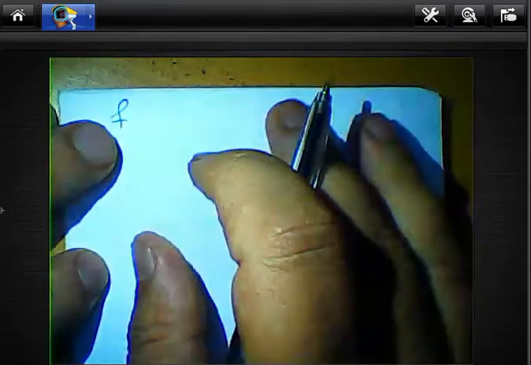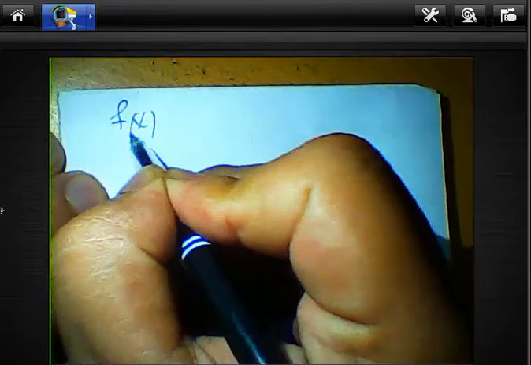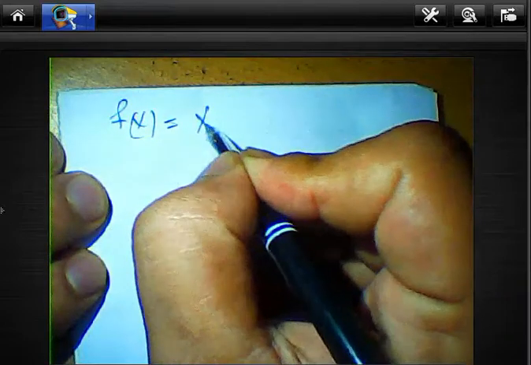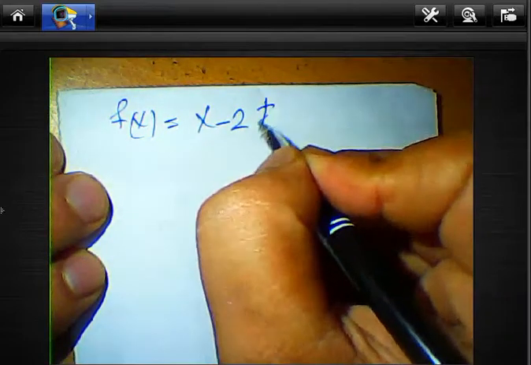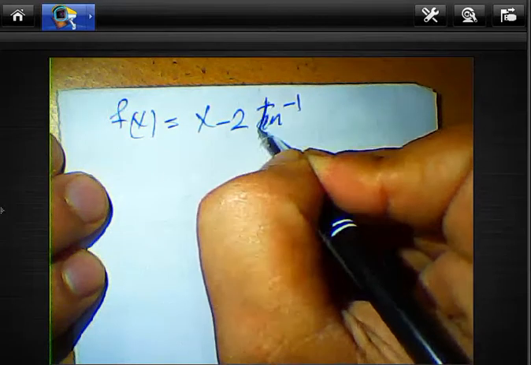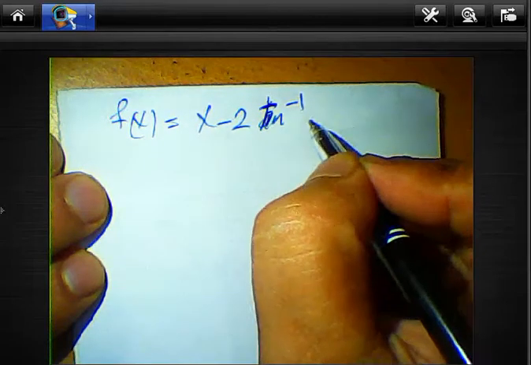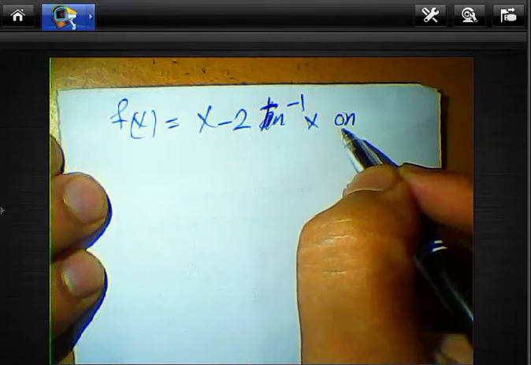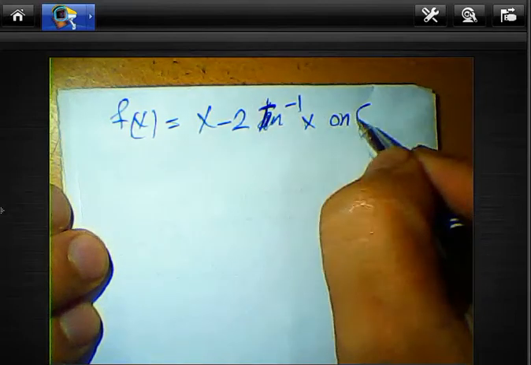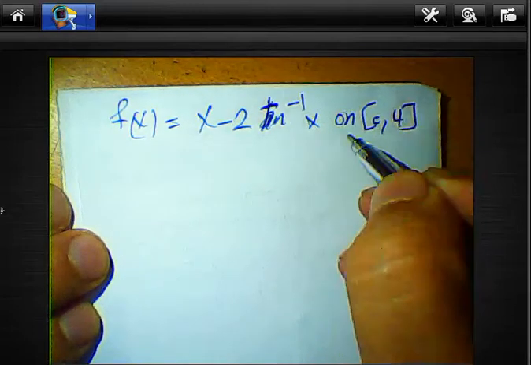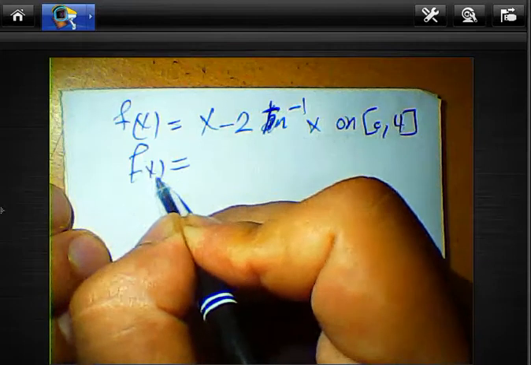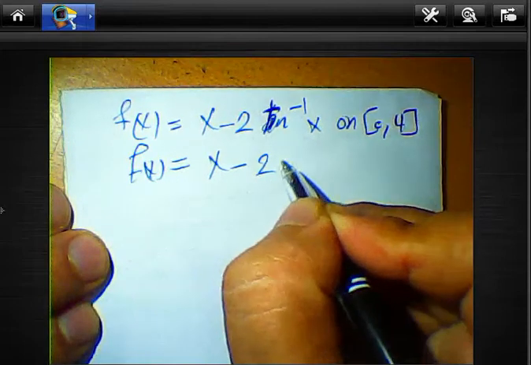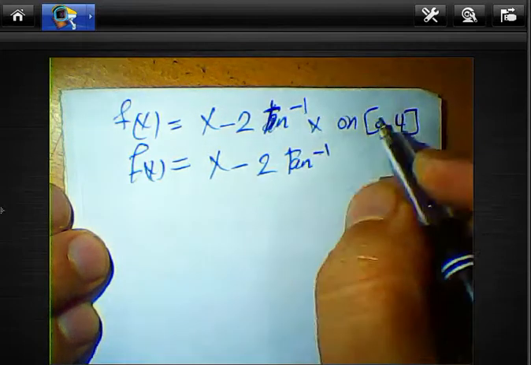Another example, to find the absolute max and absolute minimum of this function: f of x equals x minus 2 tan^-1 of x on the interval 0 to 4. Look at here, f of x equals x minus 2 multiplied by tan^-1 of x.